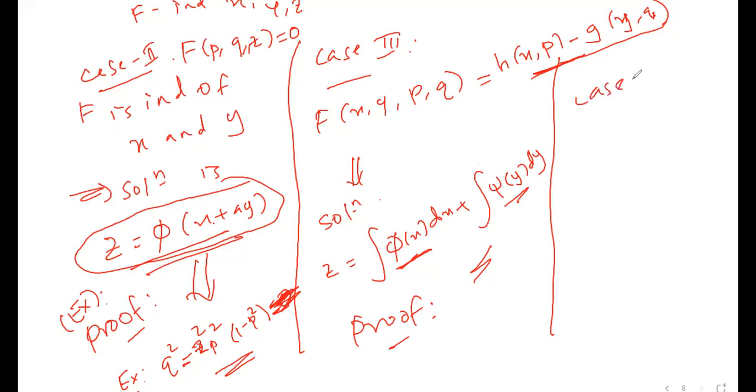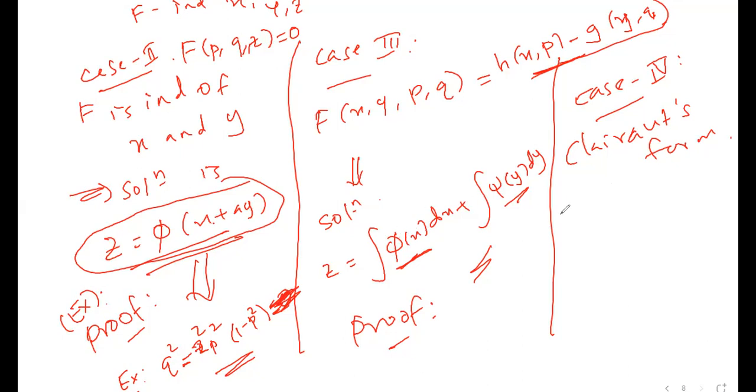And case 4, okay, I will finish now. Case 4 we call Clairaut's form, spelled C-L-A-I-R-A-U-T.